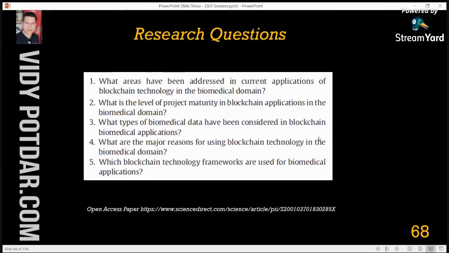What are the major reasons for using blockchain? And which blockchain technology frameworks are used in the biomedical applications? So this gives you an idea of the kind of research questions that you can think for your studies as well.